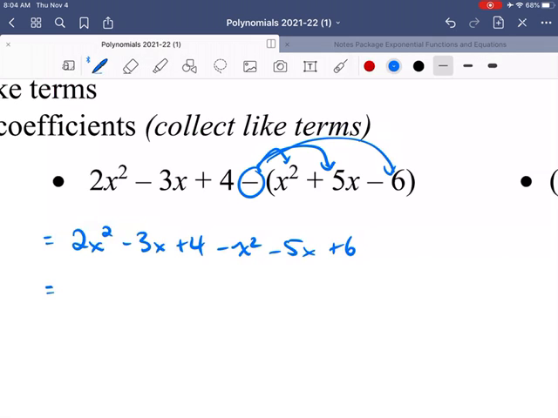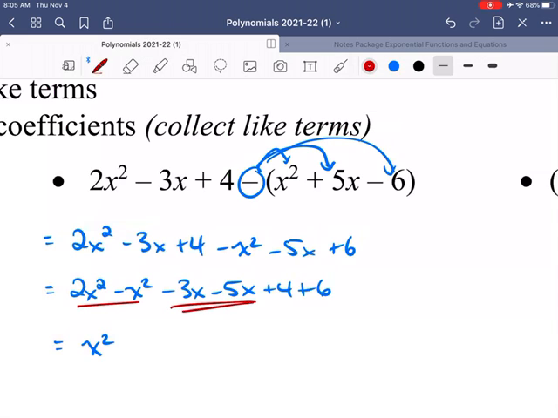If we rewrite it and then combine, we've got x squared, and those two will make negative 8x, and finally positive 10.